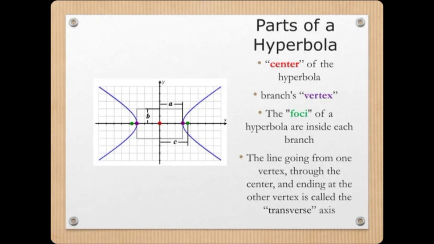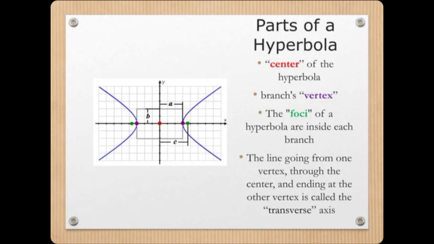So the center of the hyperbola, as you see in the picture, is that red dot over there, and the branch's vertex is that violet dot, and the foci of a hyperbola are inside its branches, that green dot over there.